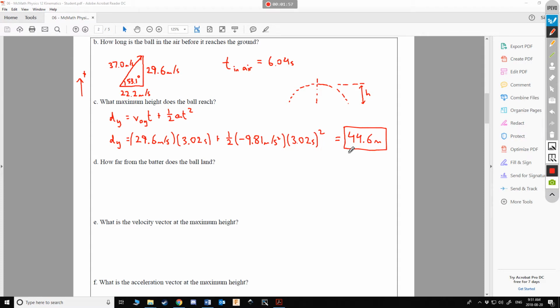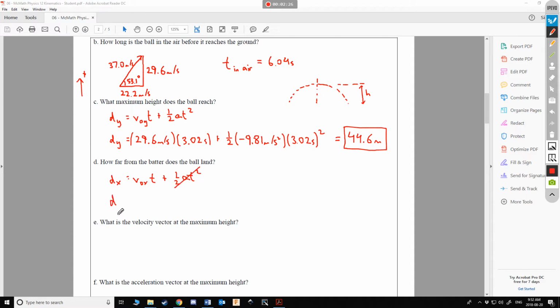Question D, how far from the batter does the ball land? So remember, in this direction there is no acceleration, no acceleration in the x direction. So I start with this equation, dx is equal to v0x t plus 1/2 a t squared. But because there's no acceleration in the x direction, this just goes away. That becomes 0 because a is 0.